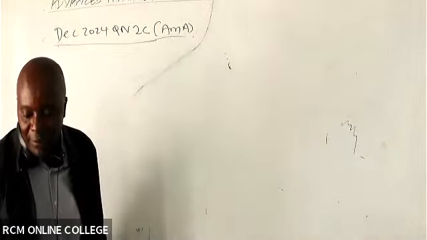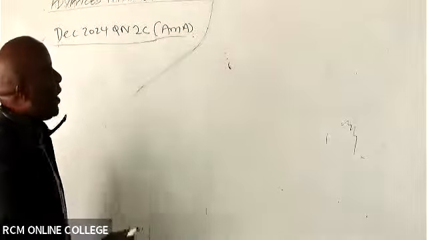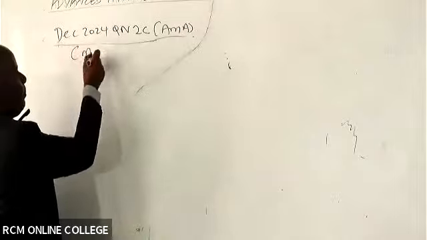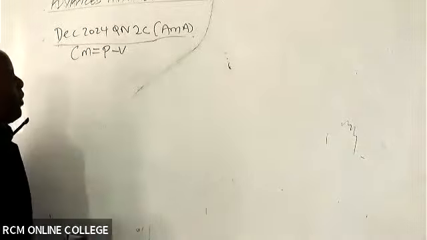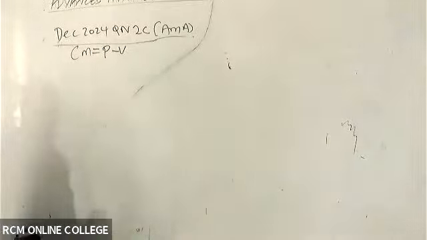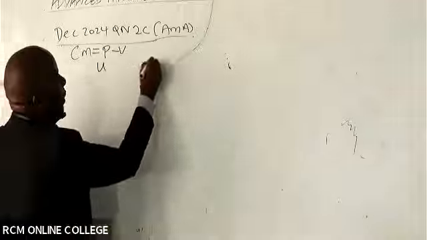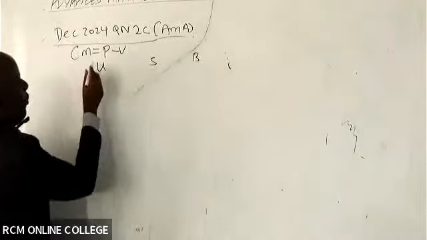Under key limiting factor, the very first thing you're supposed to do is give us the CM, contribution margin, which will be price minus variable cost. We have three products: U, S, and B for boy.